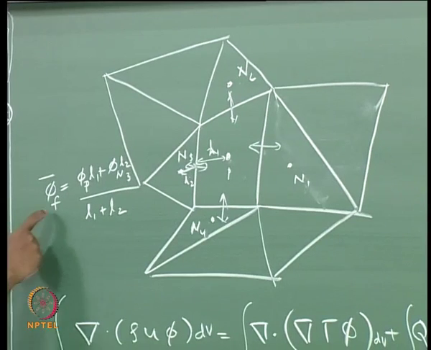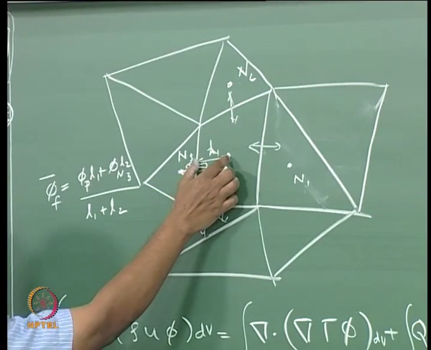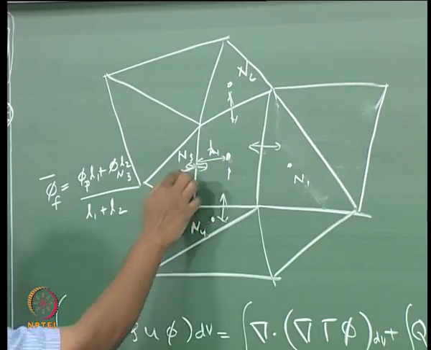So in this way we get a linearly interpolated value of phi at this particular face, depending on the distance here and the distance here and the value here and the value here.